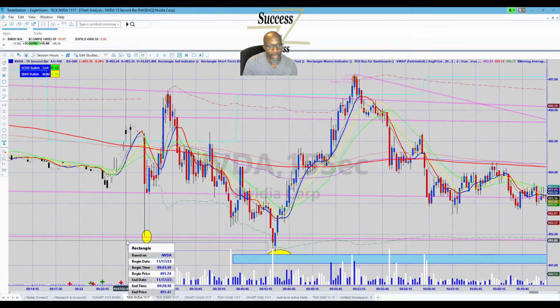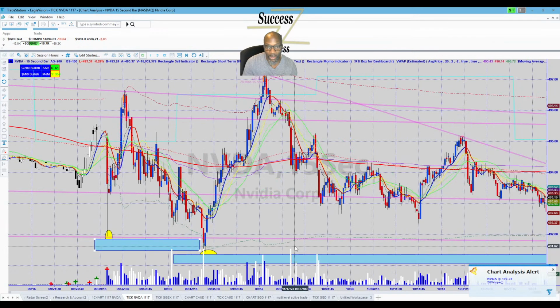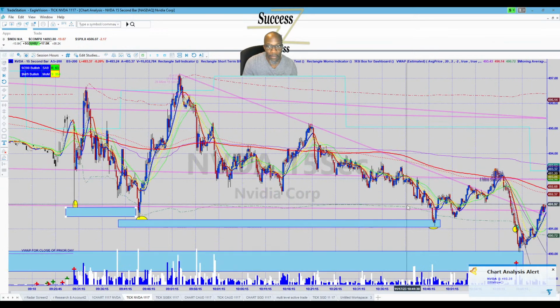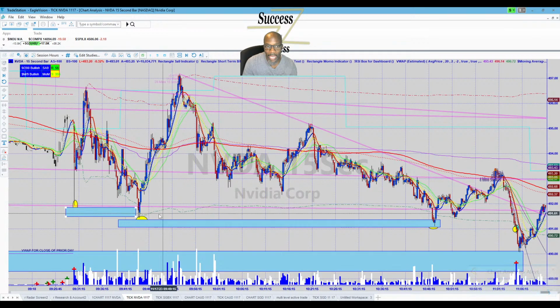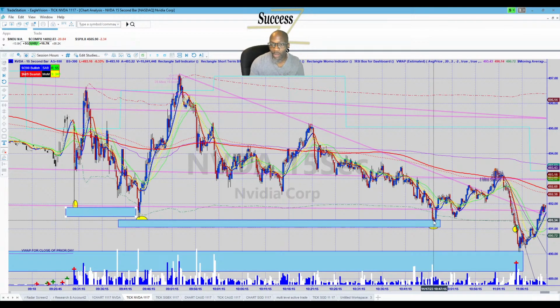And then price continued on, hit that general area again, but again whoever bought here, it probably stopped them out, depending on how tight they were, or so that they could break even. It just went just a little bit lower.